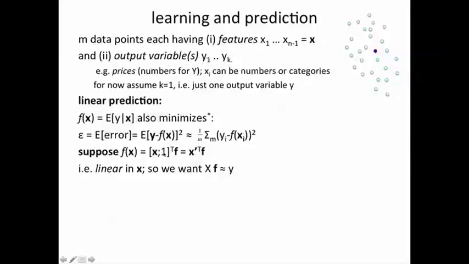Then we have a 1 because there'll be a constant, and then (x, 1) transposed f is our function. So we're essentially taking a linear combination of the features. That means f1 times x1 plus f2 times x2, etc. for every feature, plus some f0, which is just a constant. And that's our function f.